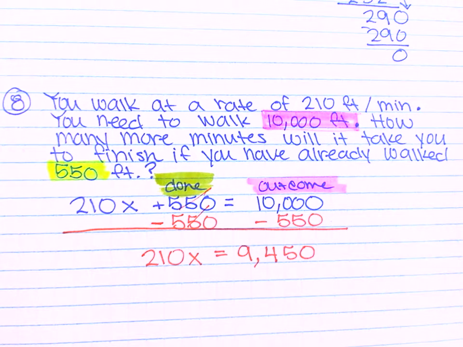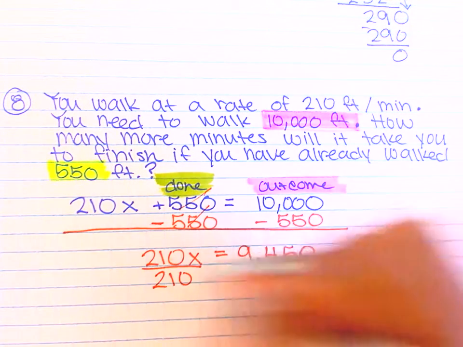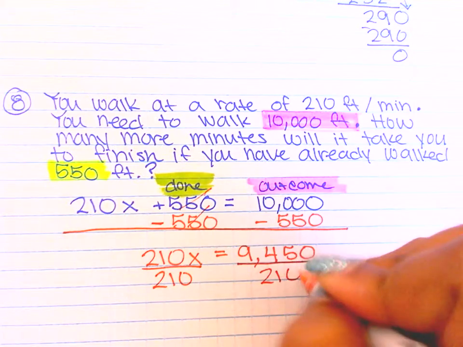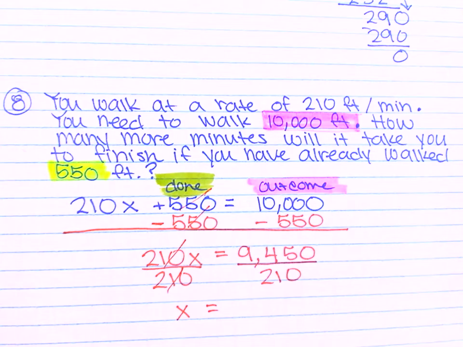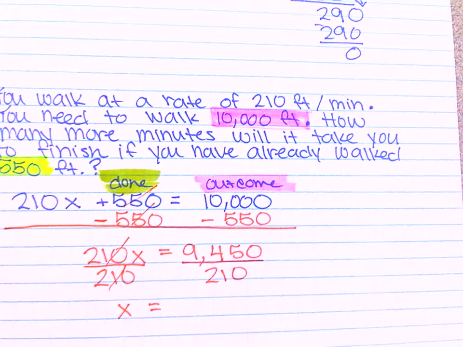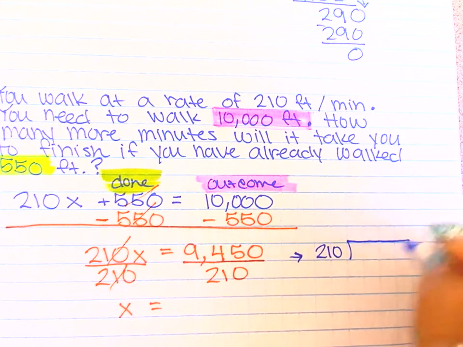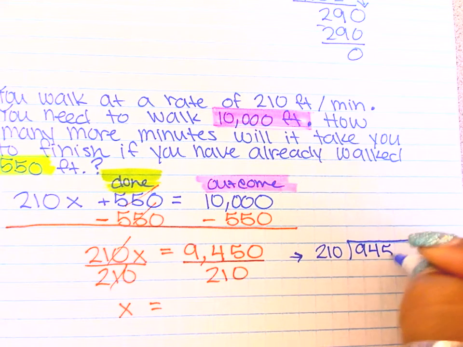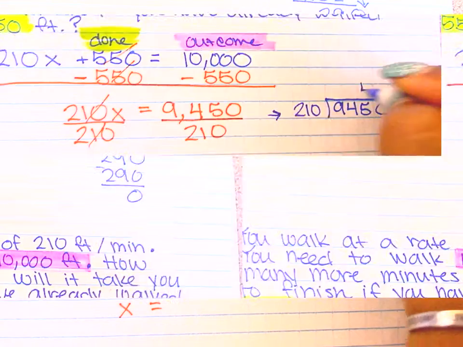Remember, always show your work. Now I still need to isolate the variable, so I'm going to divide by 210 on both sides. My 210s cancel out, but now I need to divide 9,450 by 210. Just to show you my work over here, I have 210 and I have 9,450. 210 goes into 945 about 4 times.